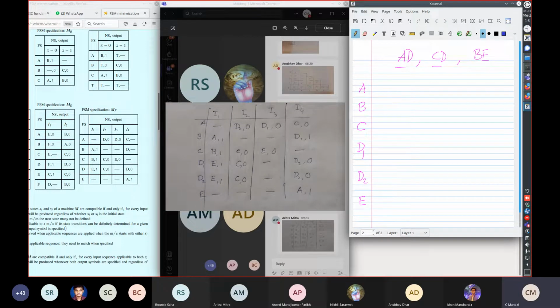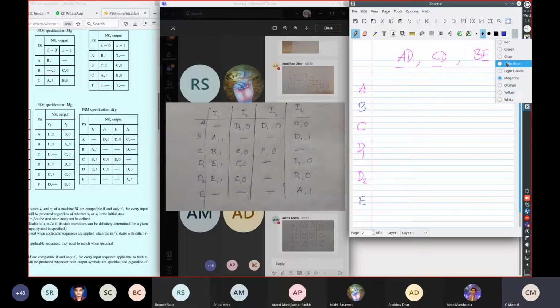So maybe we can try to put them in a separate color. B and E, let us put in a separate color. So B makes a transition to E. Yeah, so we have to put the inputs.